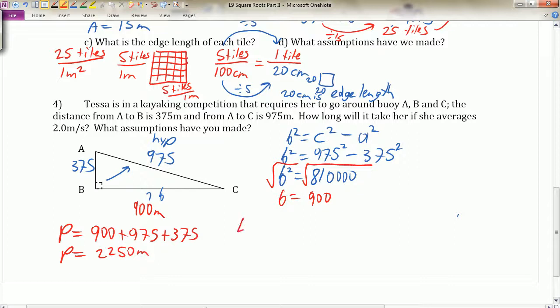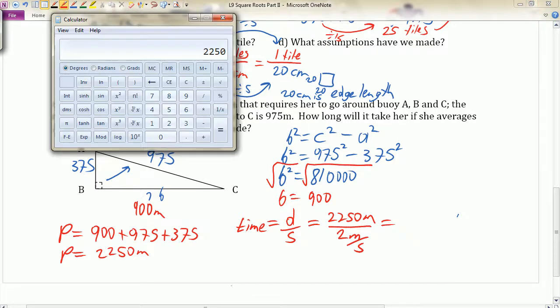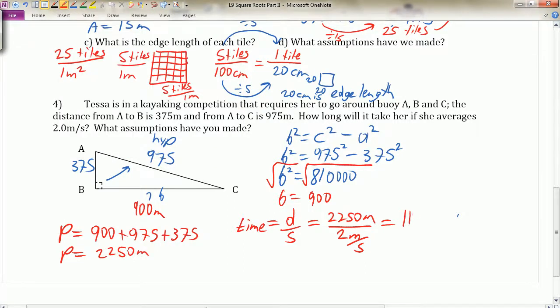Okay. So time is going to equal her distance divided by her speed. So time is going to equal 2250 meters divided by her speed of 2 meters per second. So it's going to be 1125 seconds.